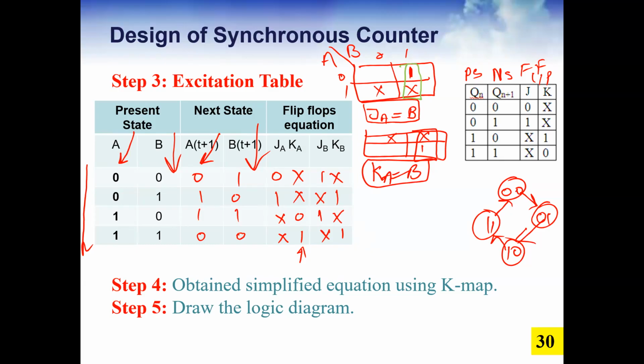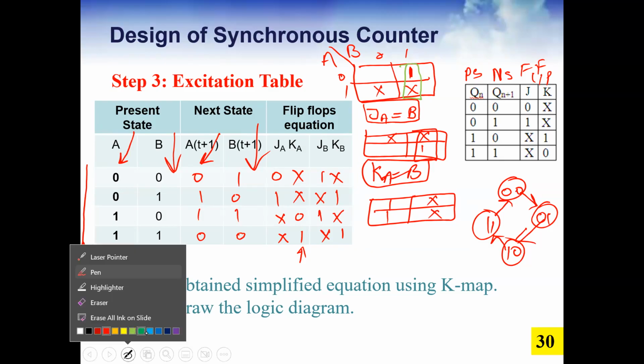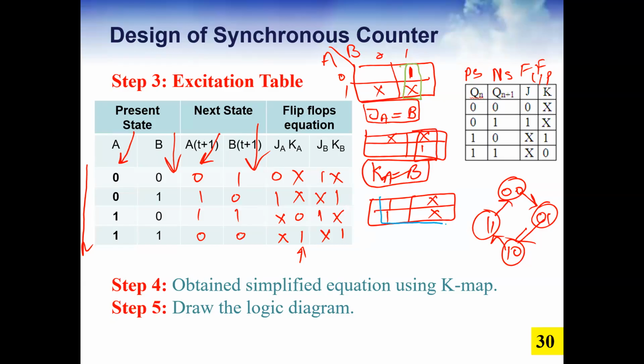All right, same, you can go for one more K-map. This is for the JB, and this is one don't care, one don't care. So this time, because the K-map is completely filled, the group will be like that, guys. So this means we are getting JB is equal to 1, when the complete map is filled.